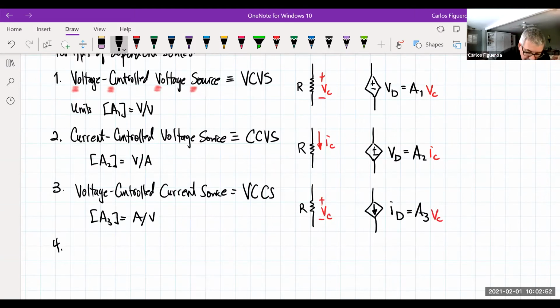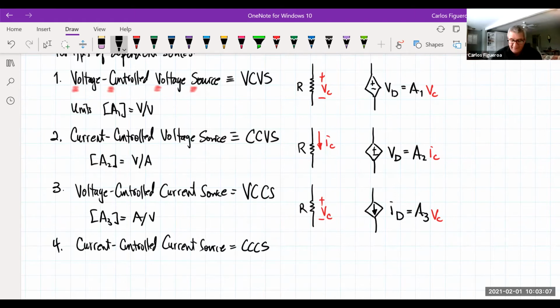And then the last one is a current controlled current source, which is CCCS. So we can now get a sense of what is going on with these.